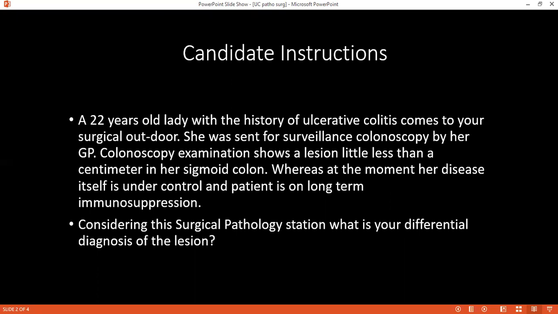Can you please tell me what are the most common types of carcinoma of colon? We have adenocarcinoma. Can you tell me how would you classify the colon carcinoma? Colon carcinoma is classified by Duke's criteria as well as TNM staging. Please tell me both of them.